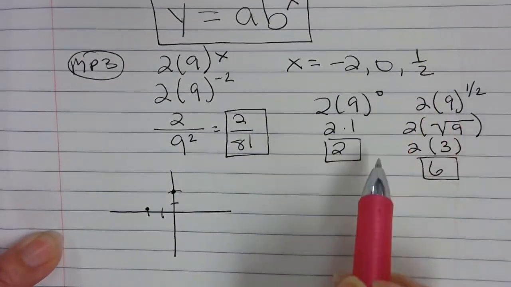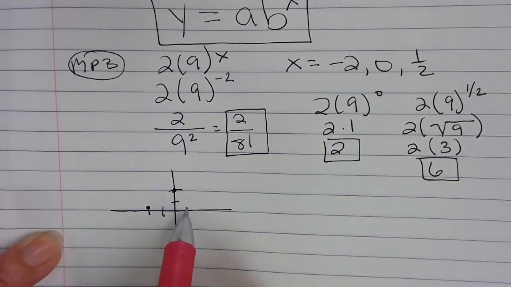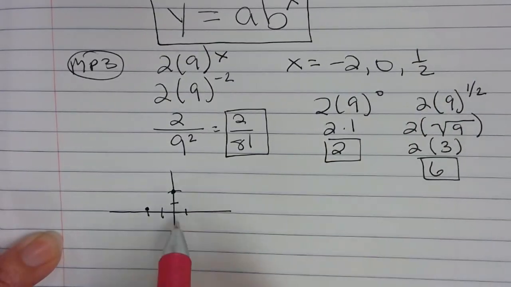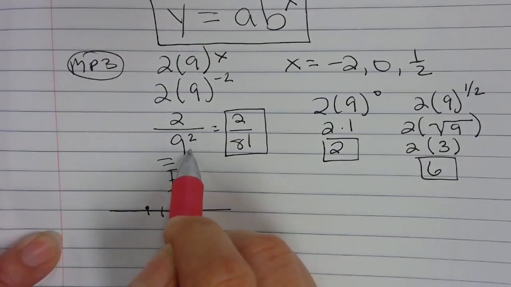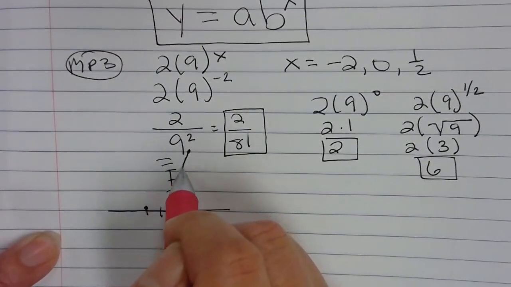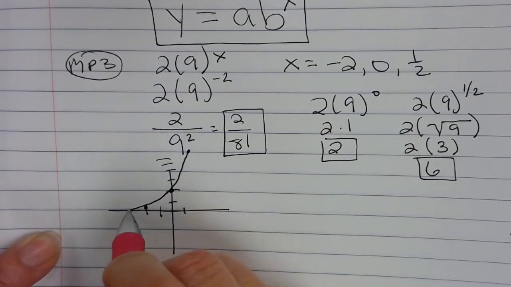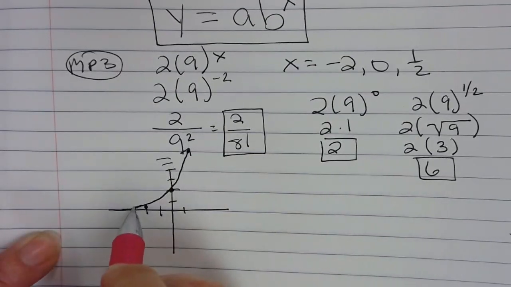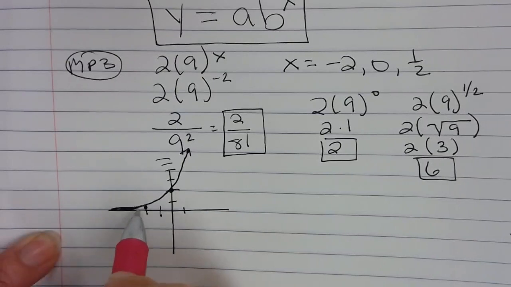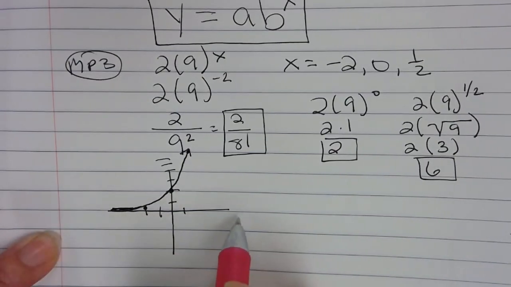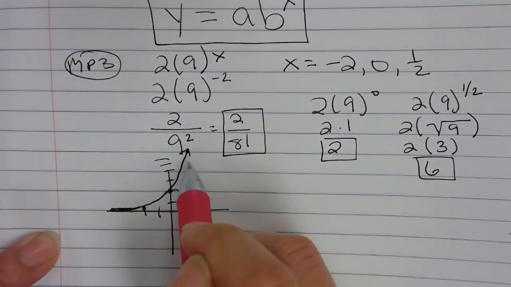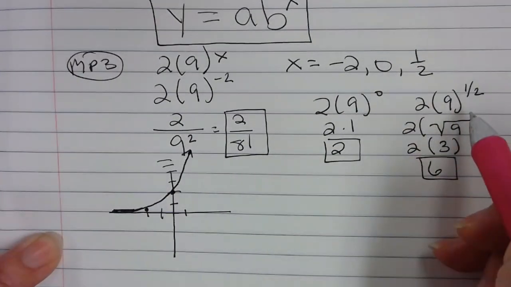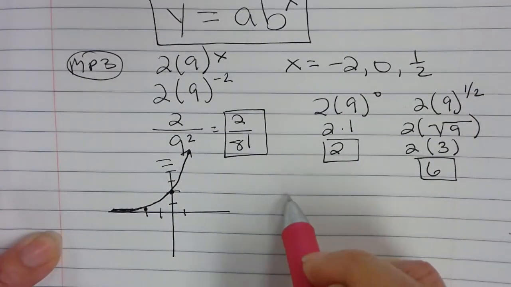If x is a half, y is 6. If you look at this graph, see how quickly it's growing? It's a curve. Now it's not going to hit the x-axis. I drew that a little bit wrong. It's not going to hit it, but if you can see it, and if I keep going, let's do another one.